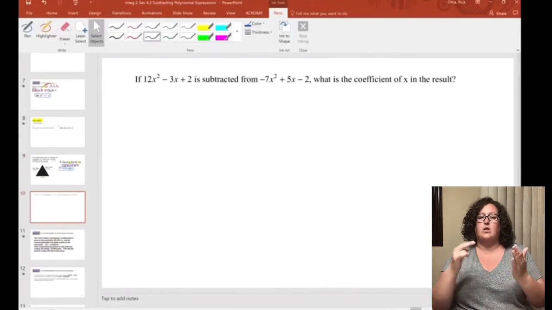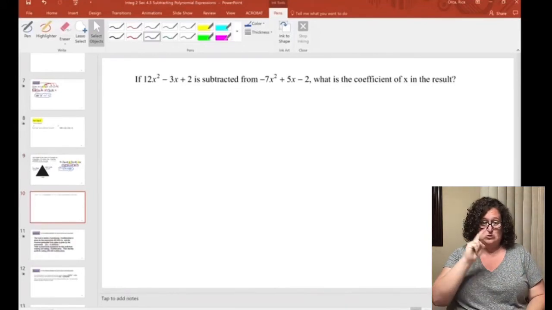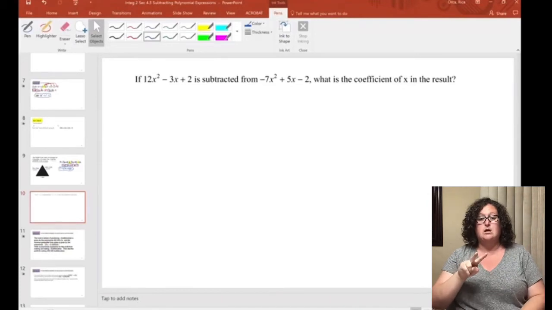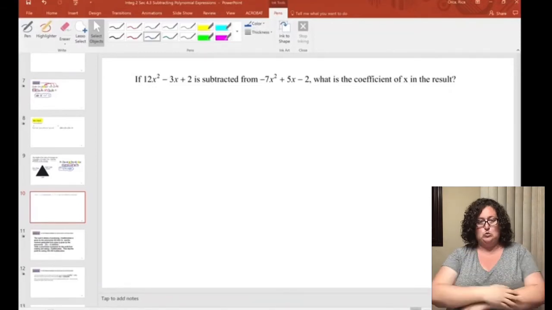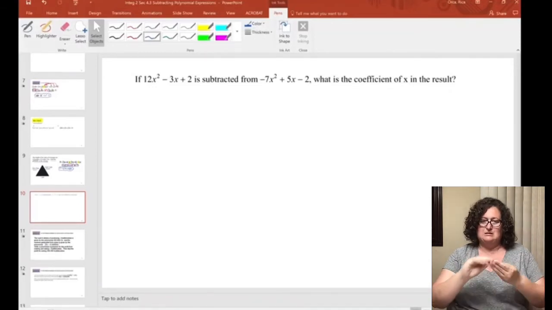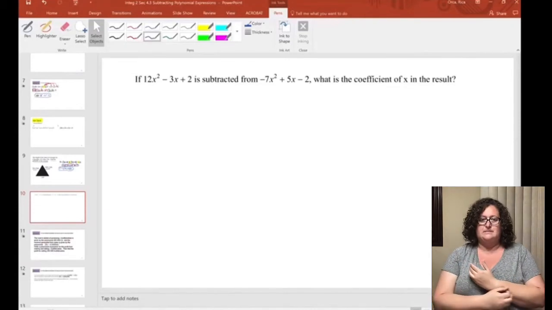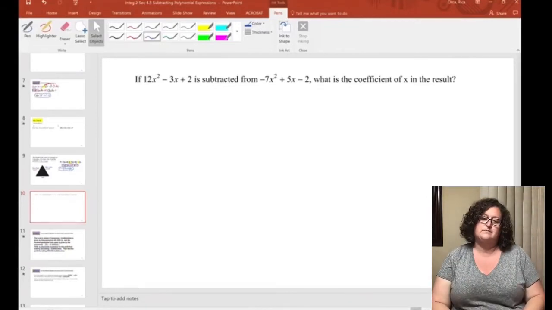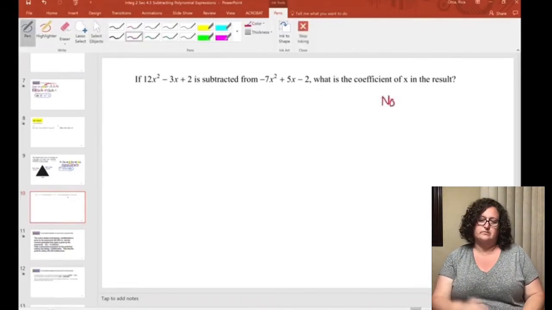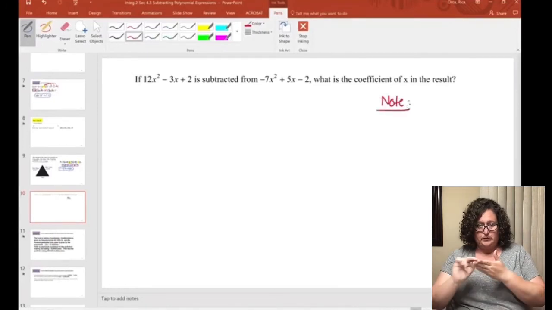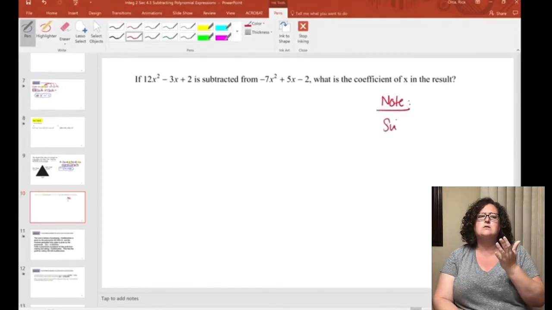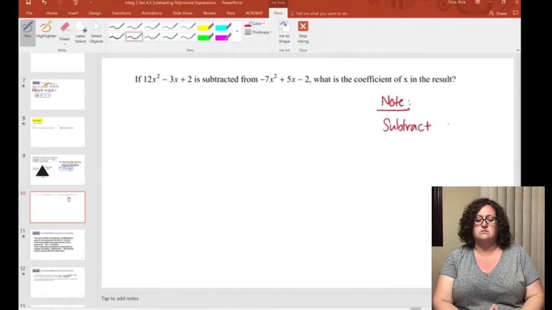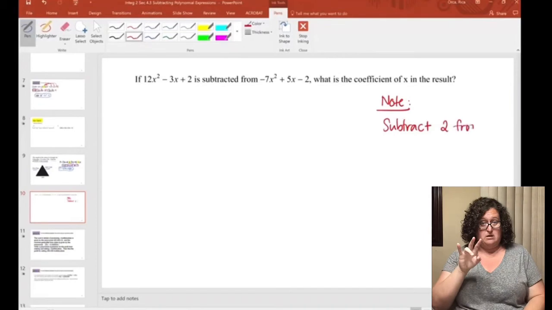Let's go ahead and look at this problem. It says if 12x squared minus 3x plus 2 is subtracted from negative 7x squared plus 5x minus 2, what is the coefficient of x in the result? So, this is a side note, if I asked you to subtract 2 from 7, how would you do it?